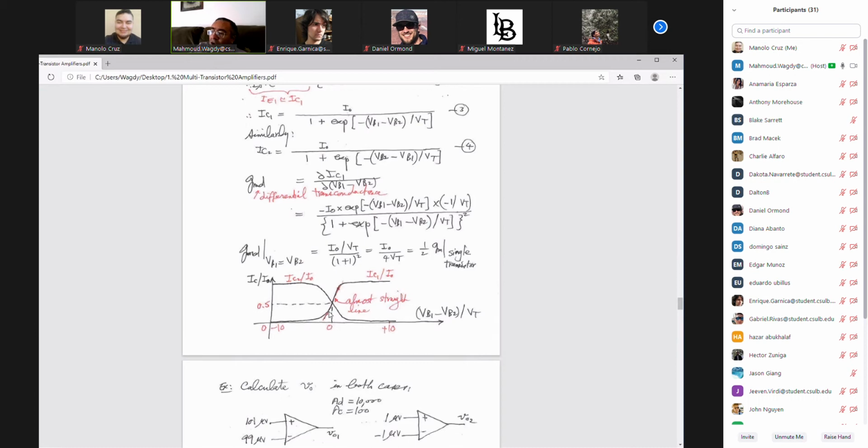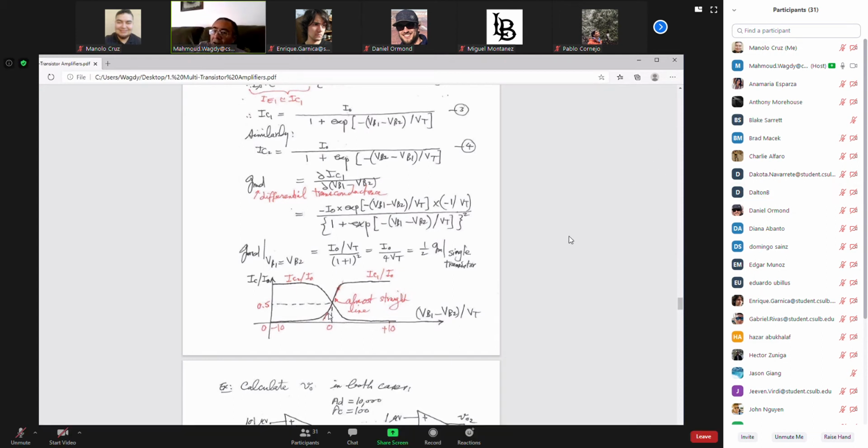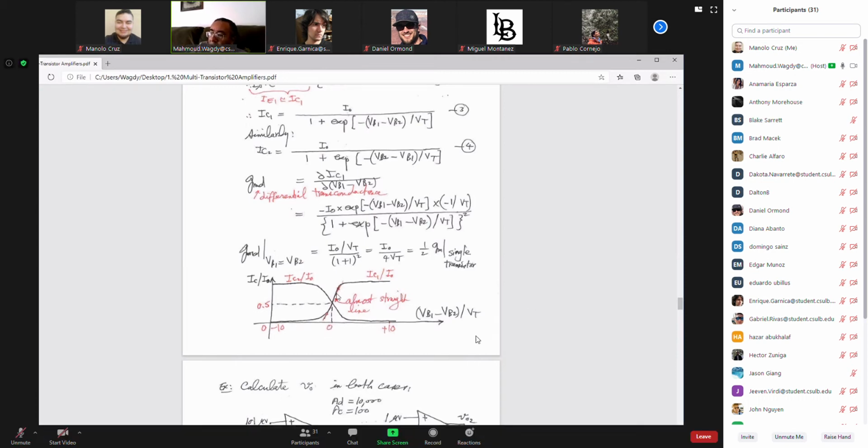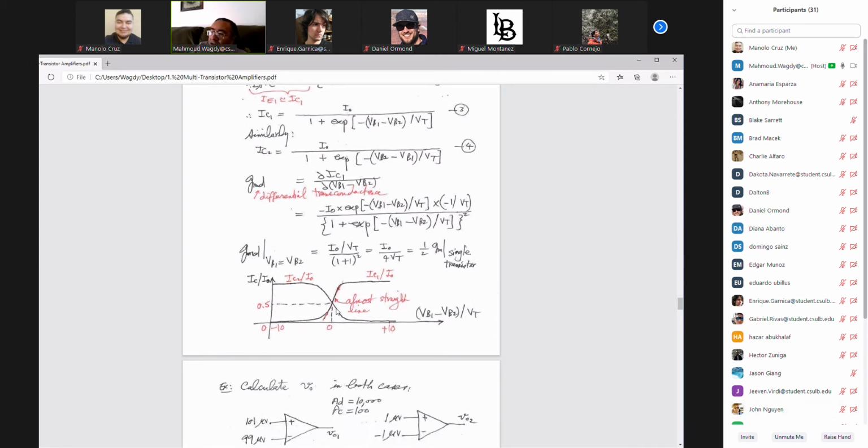I'm saying almost because you need to know that it's not a 100% straight line. It's not direct proportionality 100%. You could say it's a straight line 99% maybe, or 98%. That's not 100%, because originally these lines are exponentials.